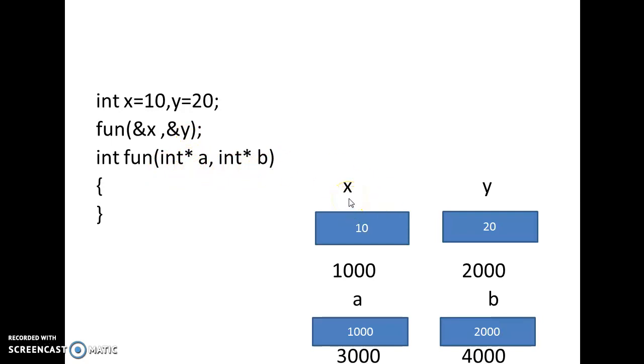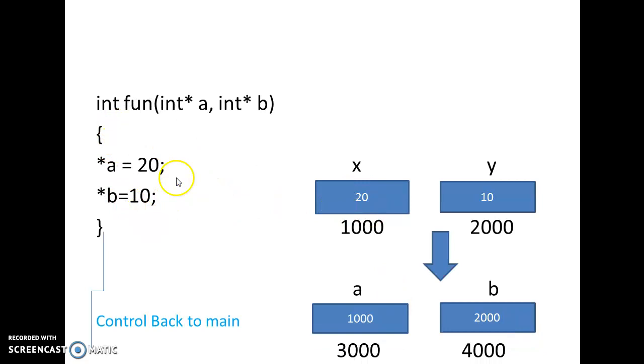So x is a variable which holds 10 located at 1000. y is a variable which holds 20 located at 2000. When we write int *a, int *b, a holds the address of x, that is 1000, and b holds the address of y, that is 2000.